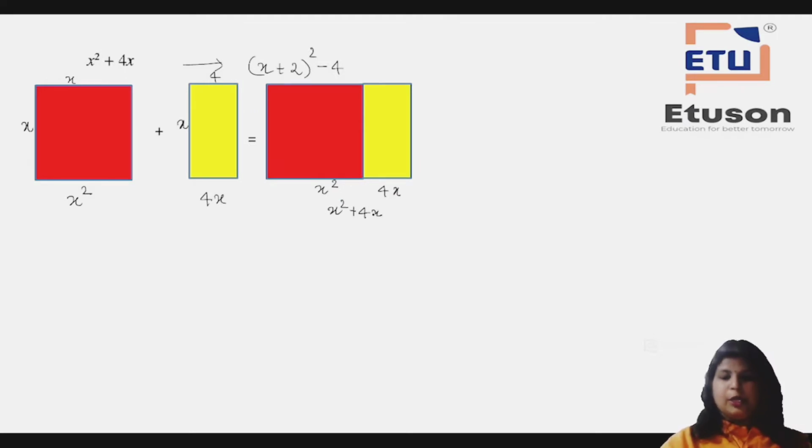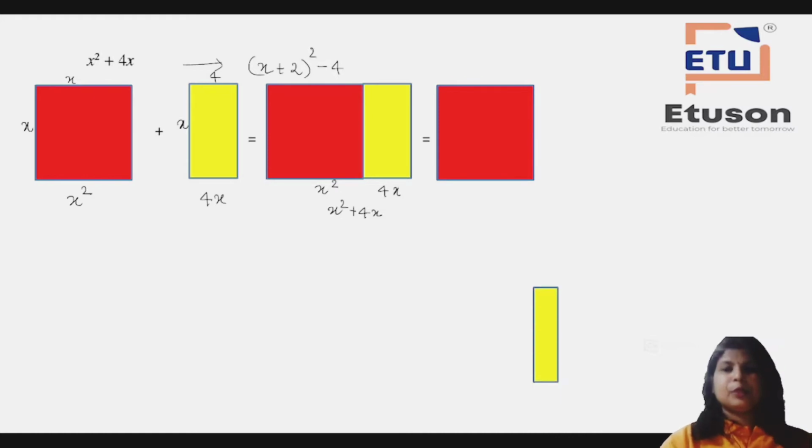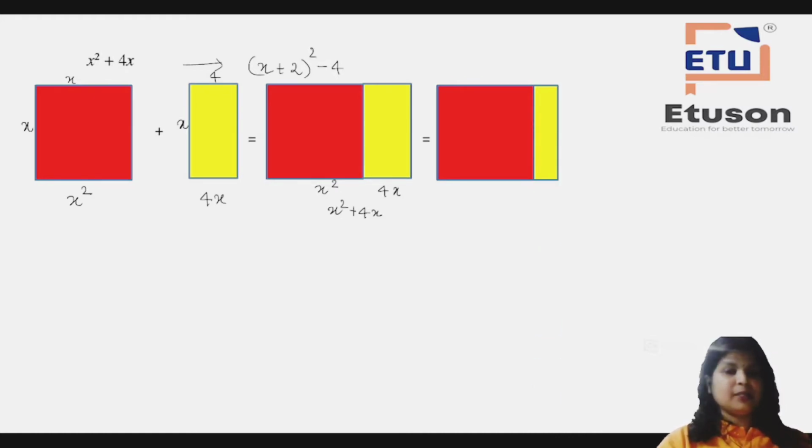Right? So now what I will do is I can divide this 4x into two parts, that is 2x and 2x. It remains the same, right? So this is equal to x square plus, I have divided 4x into two parts, 2x and 2x.